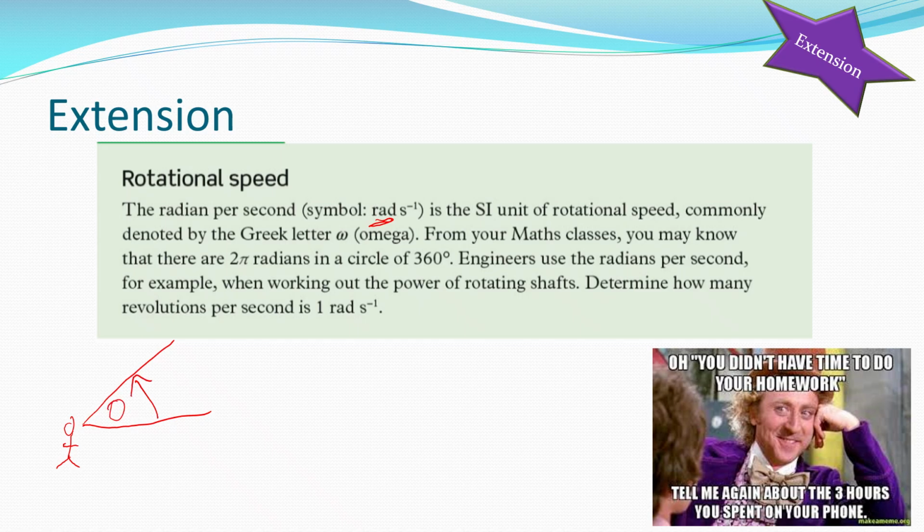Whereas radians are more about the distance around the curve. Engineers tend to use radians, looking at rotating shafts and things like that. It's very common in astrophysics and astronomy, where we're looking at distances in the sky, how many radians across the sky a particular nebula is, that type of deal.